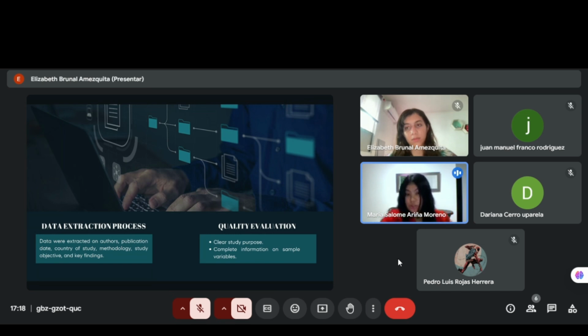In the quality evaluation, the Joanna Briggs Institute Critical Appraisal checklist was used to evaluate the quality of the studies, considering criteria such as clear study purpose, complete information on sample, variables, and data used. Next slide, please.